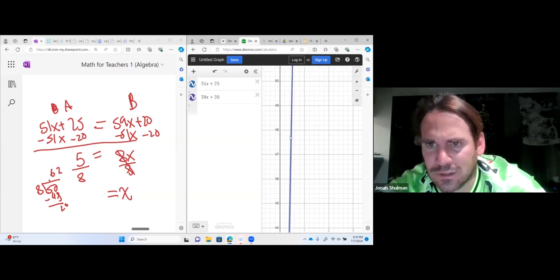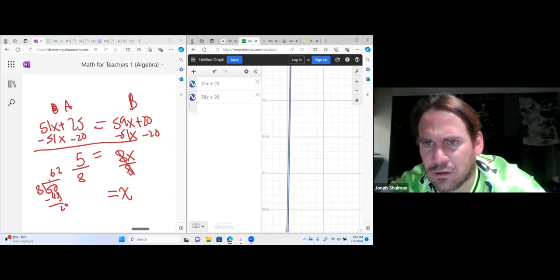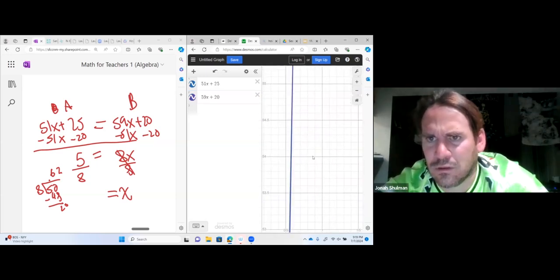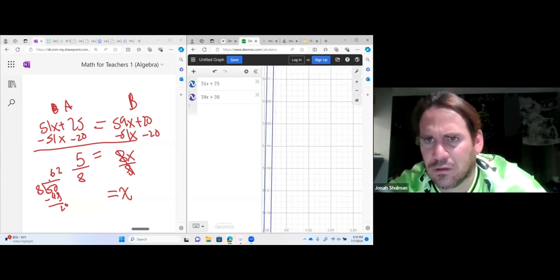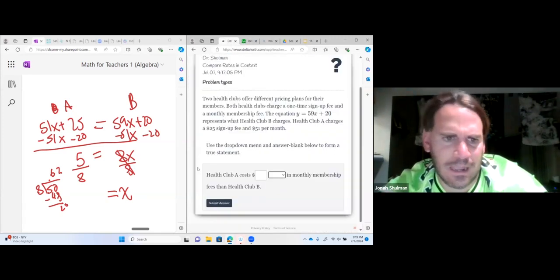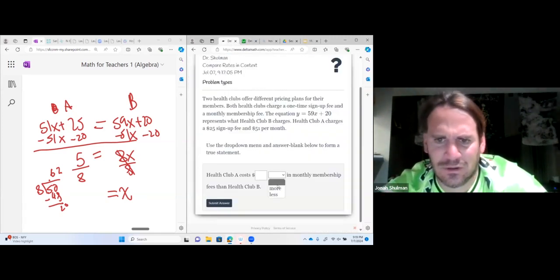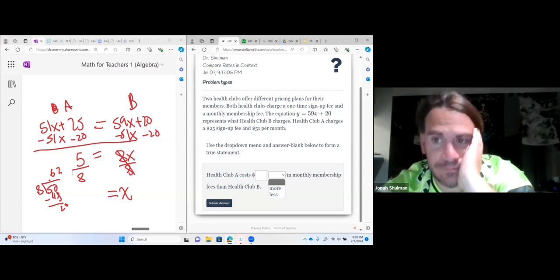It looks like this is where the dot is. I can't even see it. So let's just look at what the answer is. I think it's like 62 cents. So, oh, that's when they're equal. Okay.